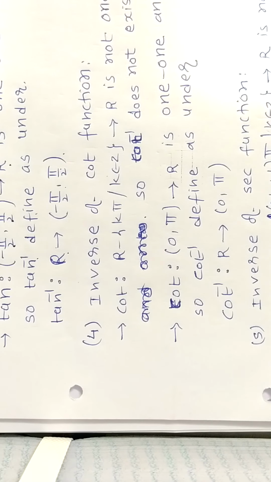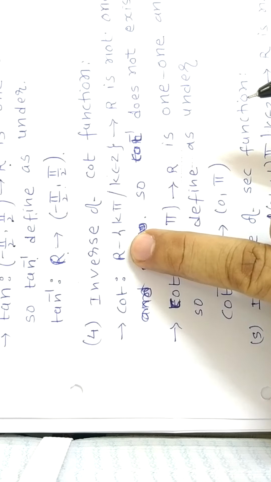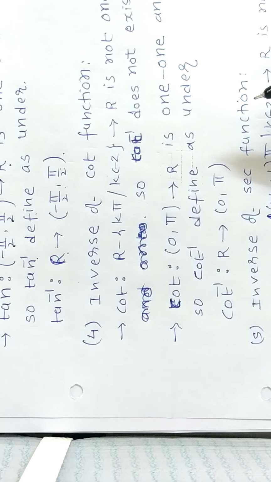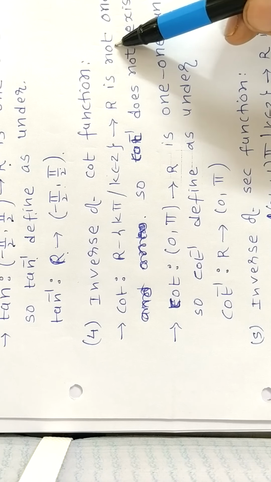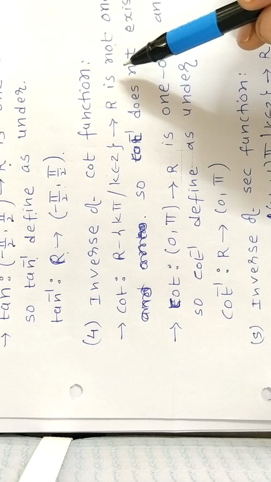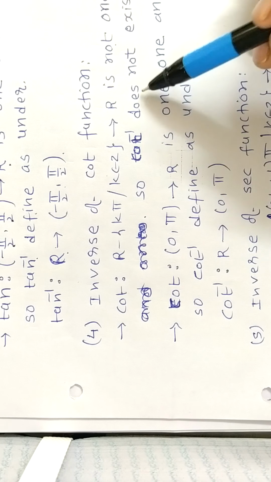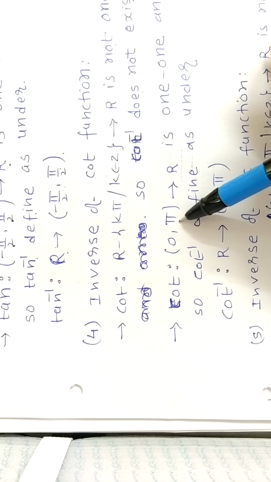Now inverse of cot function. The domain of cot function is R minus k pi, k belongs to Z, to R. It is not 1-1, but it is onto. Function is not 1-1, so cot inverse does not exist. If we want to find the inverse of cot function, we have to restrict its domain.